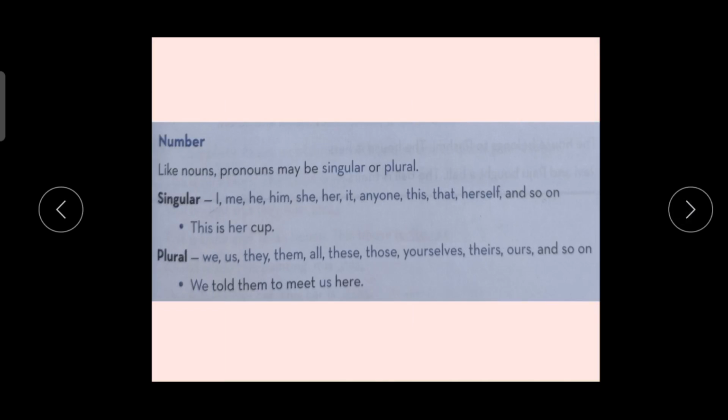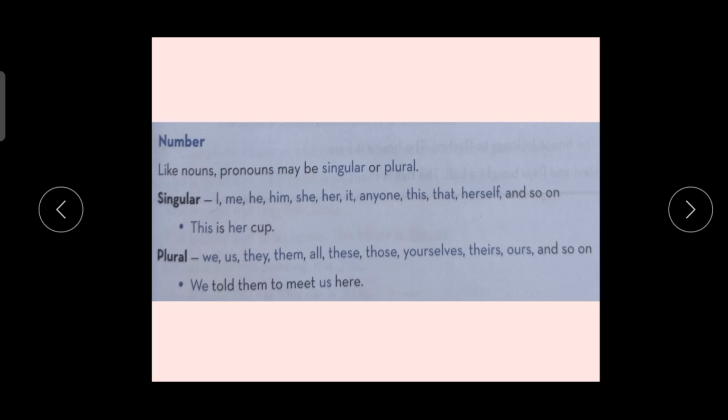Number. Like nouns, pronouns may be singular or plural. Singular pronouns: I, me, he, him, she, her, it, anyone, this, that, herself, and so on.